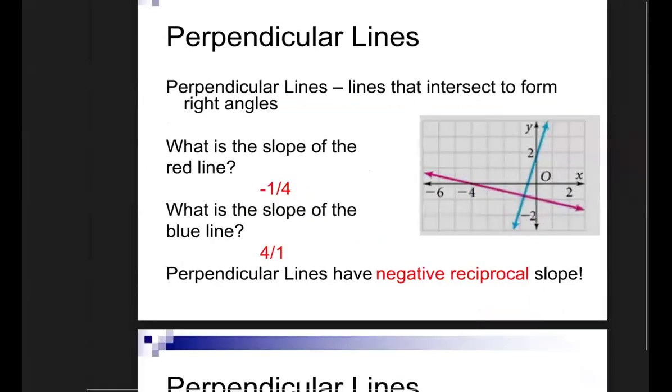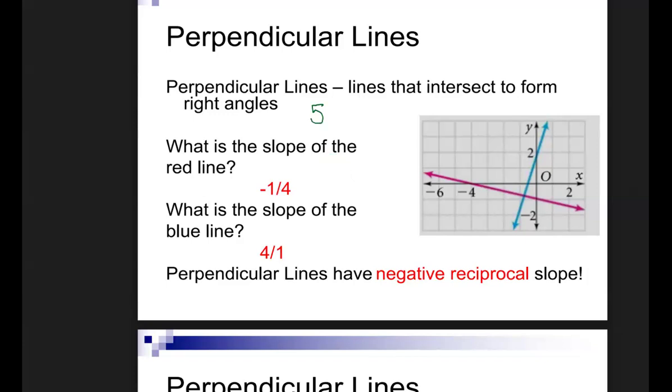So when it's perpendicular, it means what? Negative reciprocal. So for example, if a gradient is 2, they ask you to find the perpendicular gradient. The perpendicular gradient is going to be what? The negative reciprocal. So just say minus 1 divided by 2. That's going to be the other gradient for the other one if they are perpendicular. So I'm going to ask you a question now. If the gradient is 5, what is the negative reciprocal of 5?